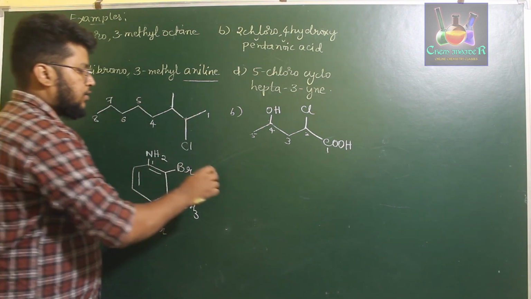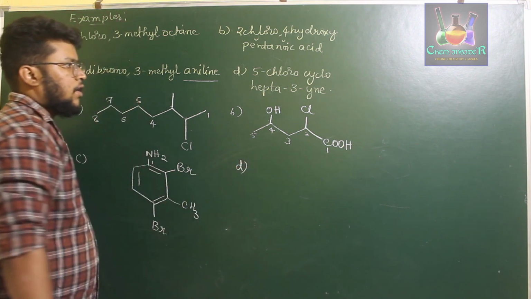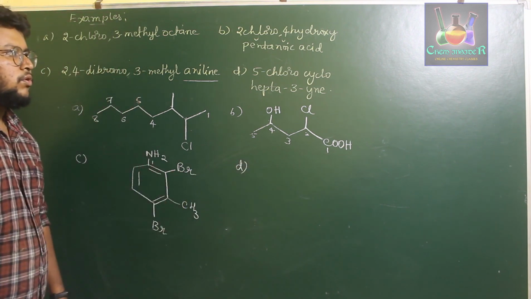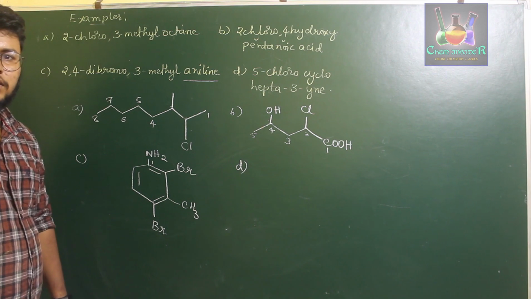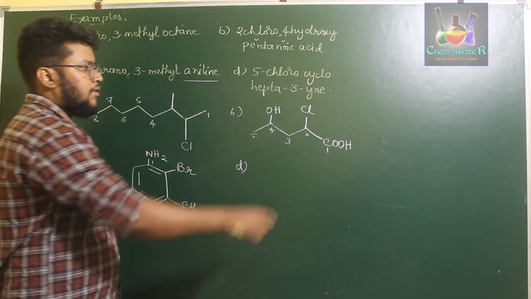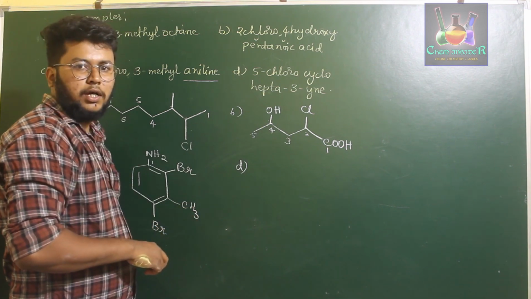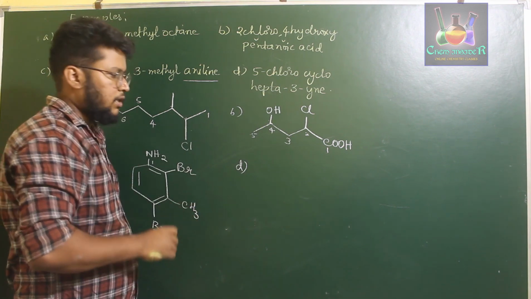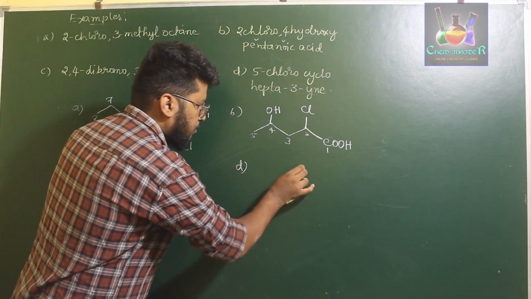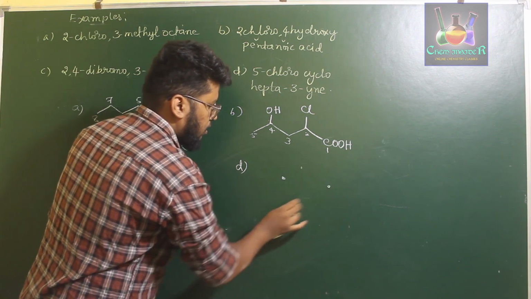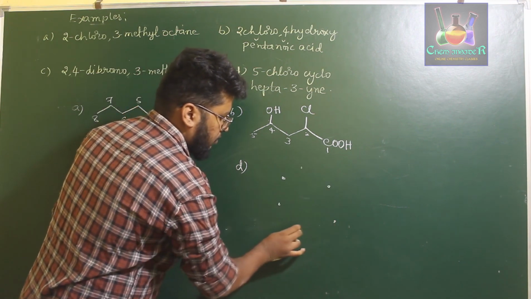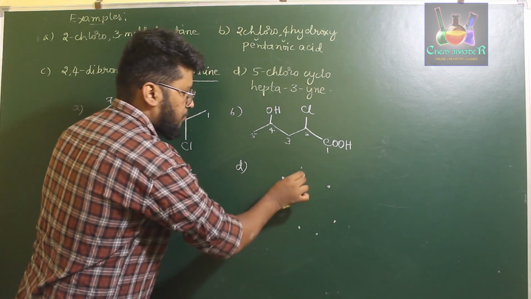Next, we'll come to the fourth one. They have given us 5 chloro cyclohepta 3 yne. So they have given us a yne group. First, they have given us cyclohepta. That means we have a 7 membered cyclic ring. So 1, 2, 3, 4, 5, 6, 7.